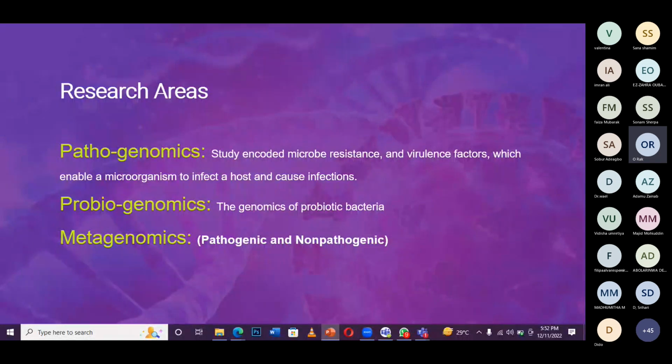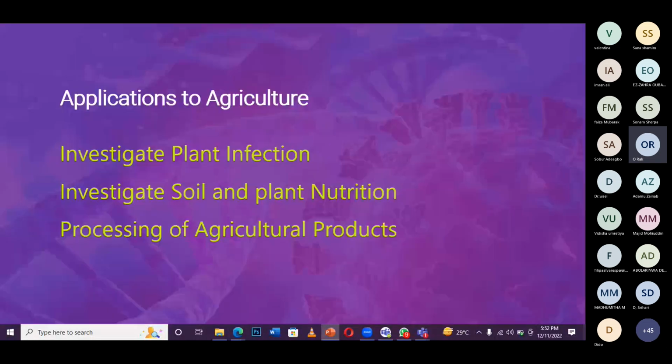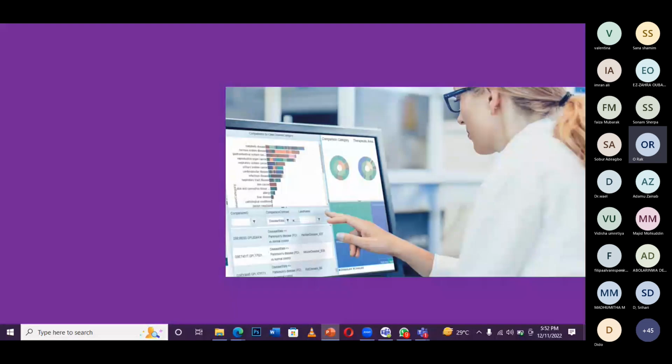We can use pathogenomics to study the microorganisms that are found in yeast. Or you can use metagenomics to do a pathogenomic study. It means that metagenomics is applicable to health, and it's also applicable to agriculture. As we go on, you now begin to have a clearer picture of this aspect of research.